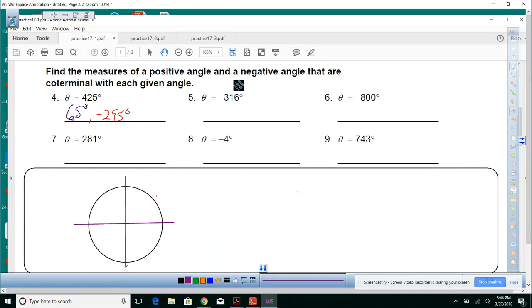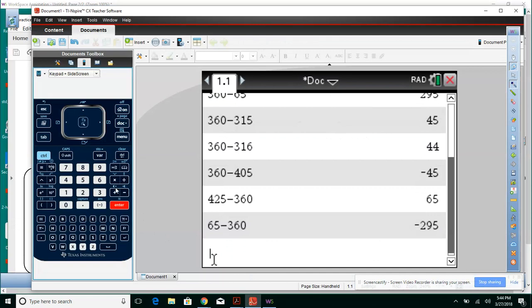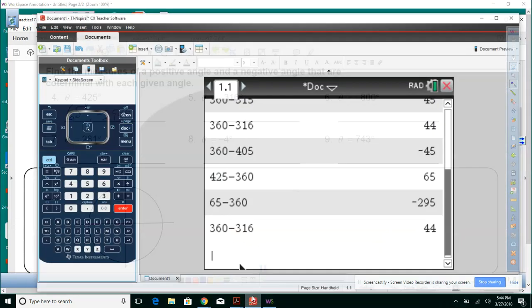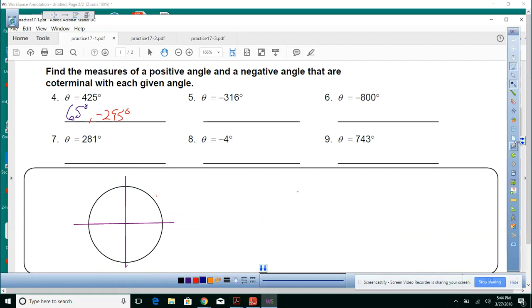And there we go. All right, negative 316 degrees. Negative 316 degrees. So that's going to go this way here. So I'm going to take 360 minus 316, I get 44 degrees. Well, I know that that's just shy of halfway, so we'll put that right there.